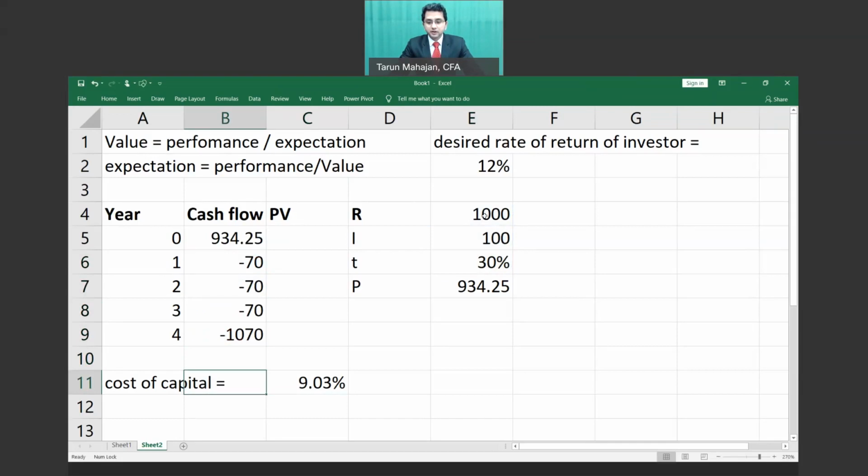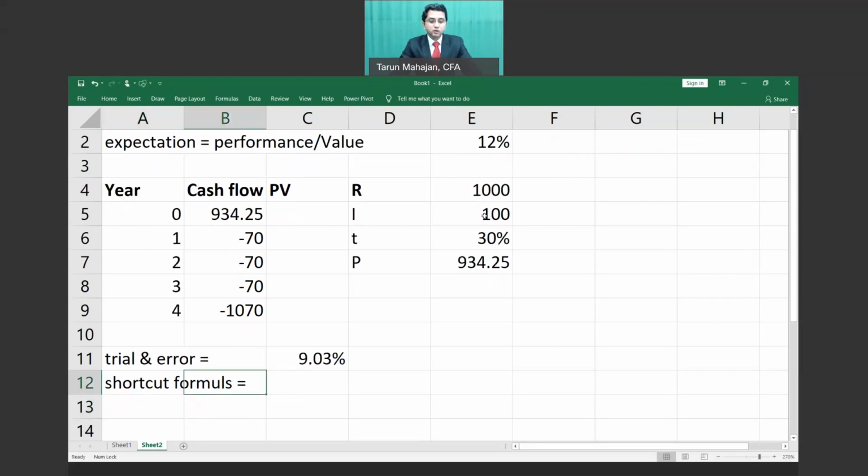So this is the trial and error result. And if I use the shortcut formula, then the result should look like this.